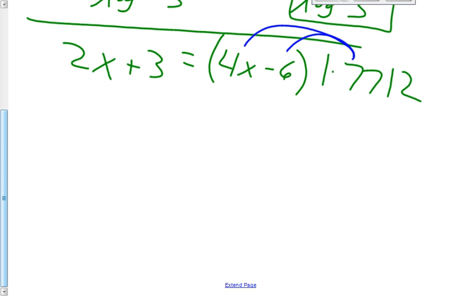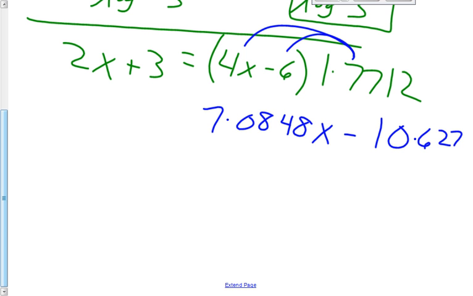So we have 1.7712 times 4 is 7.0848x, minus 1.7712 times a negative 6, which is a negative 10.6272. That equals 2x plus 3.